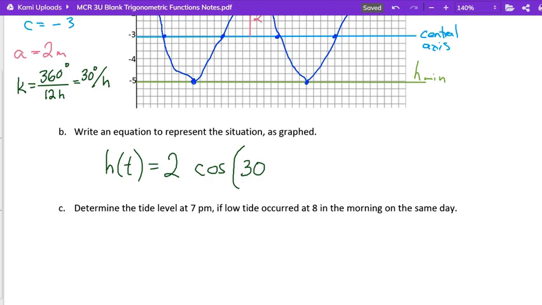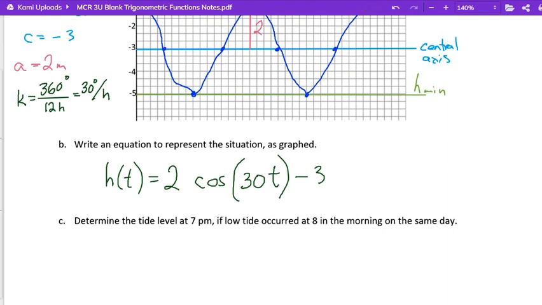The one unit I do like people adding, which quite a few people missed in the test, is adding degrees for a phase shift, just to really say that this is degrees and not radians. What is our x variable? T for time. Good. No phase shift because we're starting at the maximum. And then our central axis is -3.